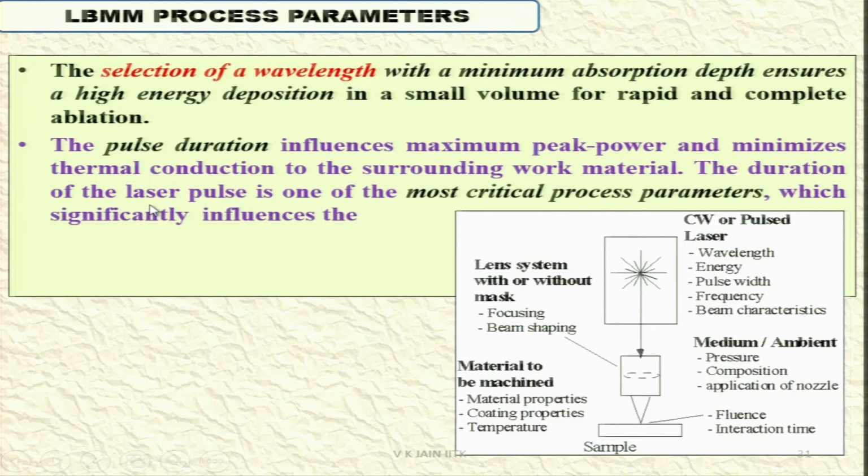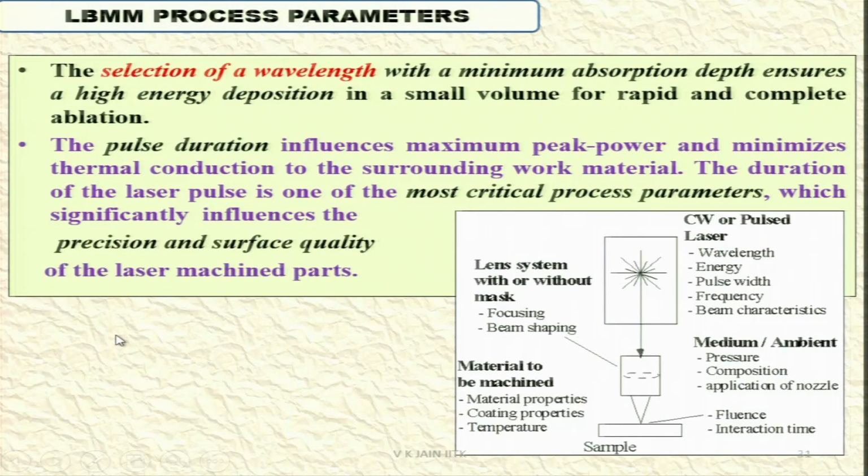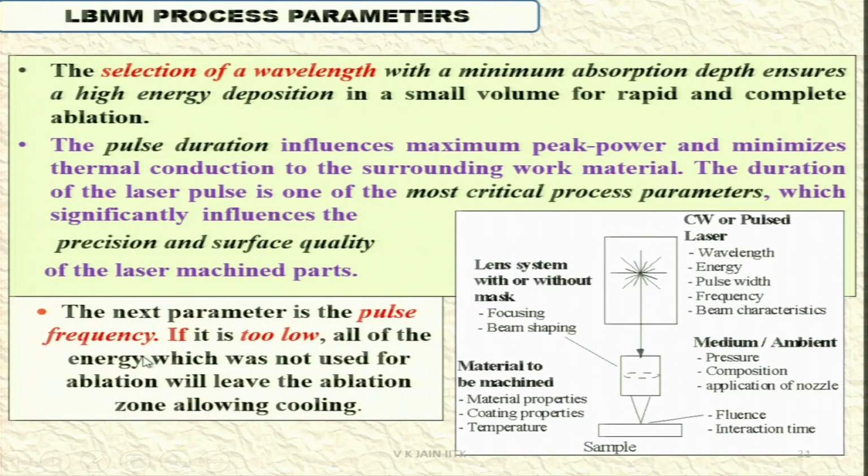The duration of the laser pulse is one of the most critical process parameters, which significantly influences the precision and surface quality of the laser machined part, and precision of the machined part is a very important feature. The next parameter is the pulse frequency. If it is too low, all of the energy which was not used for ablation will leave the ablation zone, allowing cooling, and that is not desirable. Then the efficiency is going to be low.